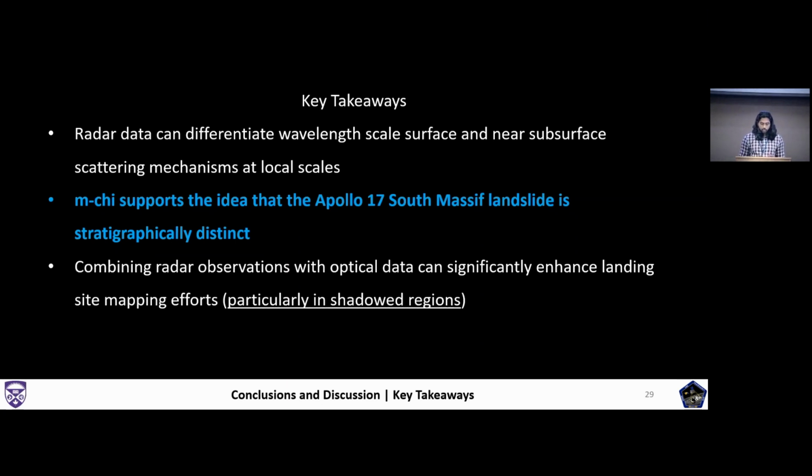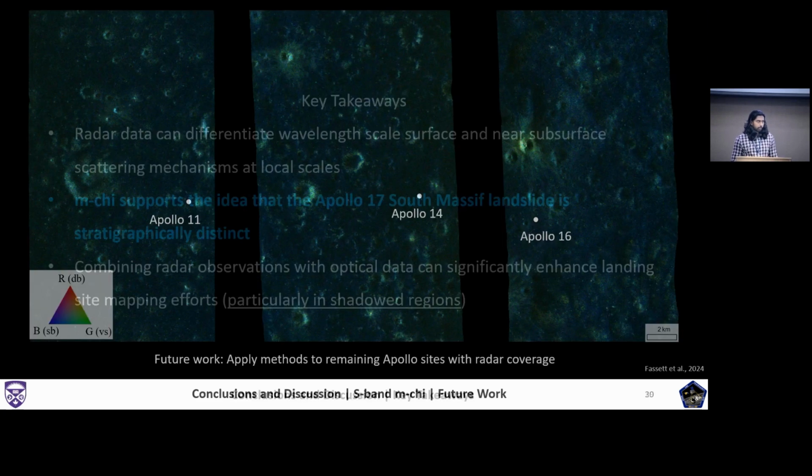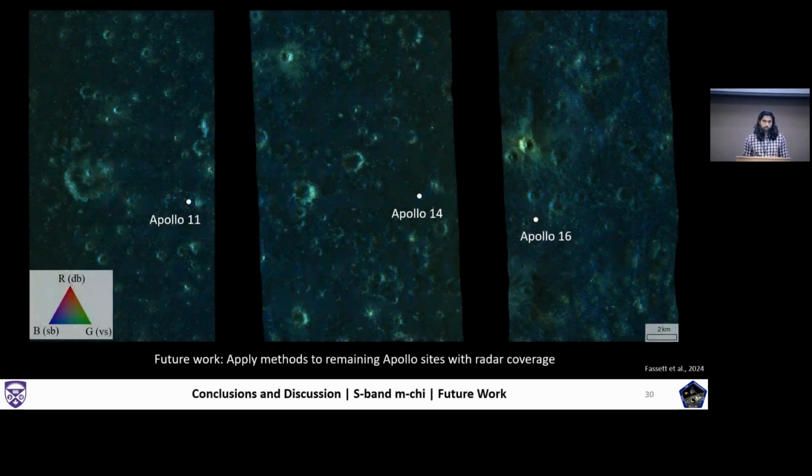So the logical next steps for this analysis would be to apply these methods to other available landing site data. These are landing site maps from MCI obtained by Caleb Fassett et al. in 2024. These are a little bit lower resolution. However, the high resolution data can be processed, and similar analysis to what I did can be applied to them as well.